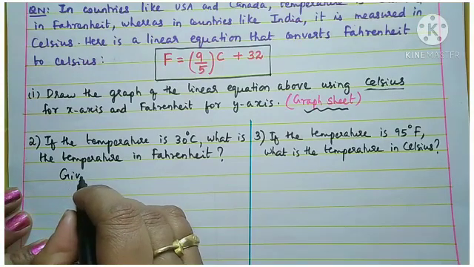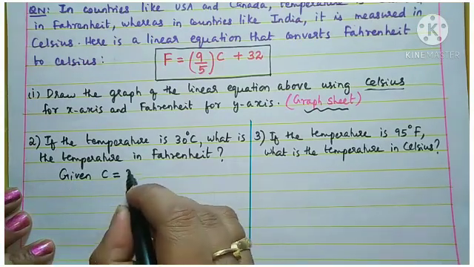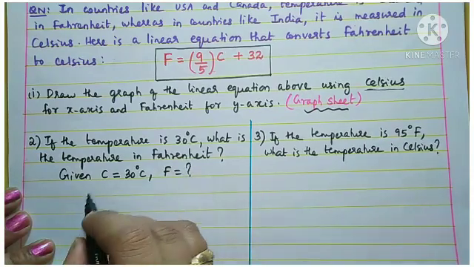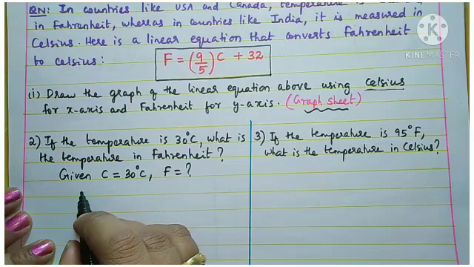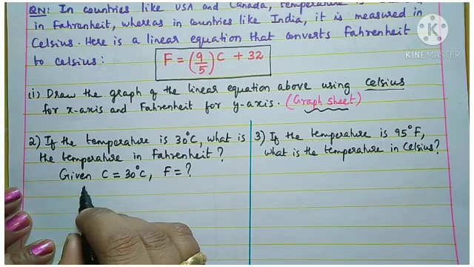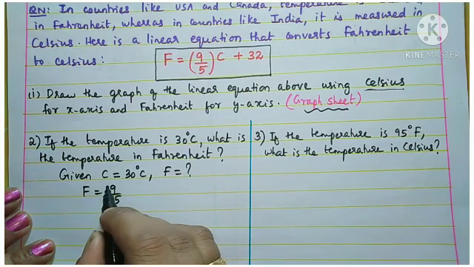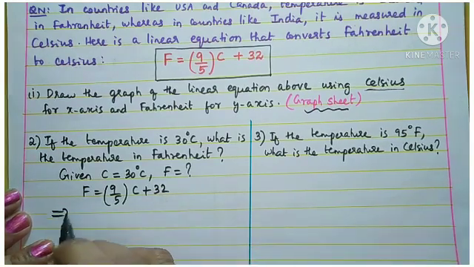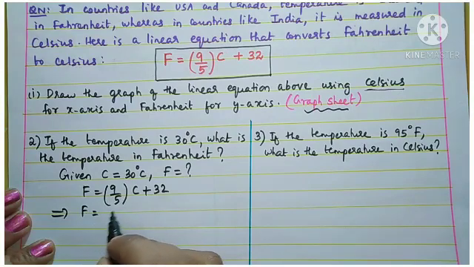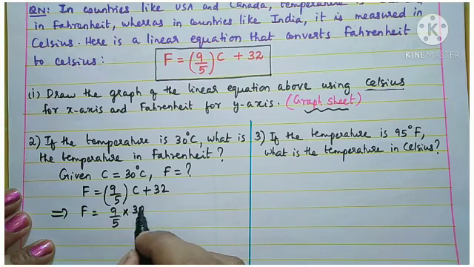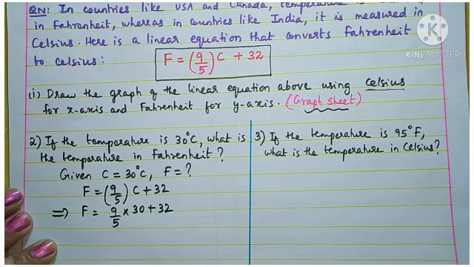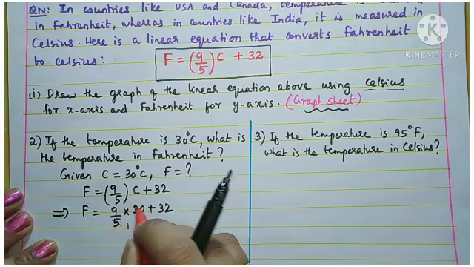Given: the value of C is 30 degrees Celsius and F we want to find out. So write the relation once. Therefore, we have been provided F equal to 9 by 5 of C plus 32. This implies, put the value: F is equal to 9 by 5 into C, which is 30, plus 32. Now you can cancel this 5 and 30. 1 5 is 5, 6 5s are 30.